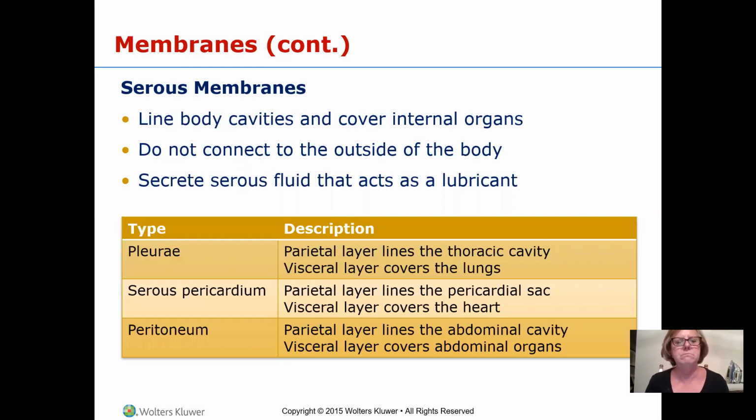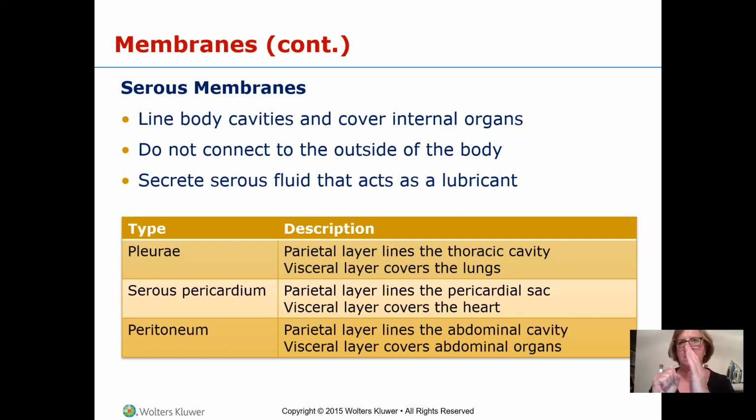The serous membrane, there are 3 different types: the pleura, the serous pericardium, and the peritoneum. And so they don't connect to the outside, and they secrete this serous fluid that acts as a lubricant. So the pleura, whenever you think of pleura, think of your lungs. There are 2 different layers, and the way that you can envision this, imagine that you have a balloon and my fist is the organ.